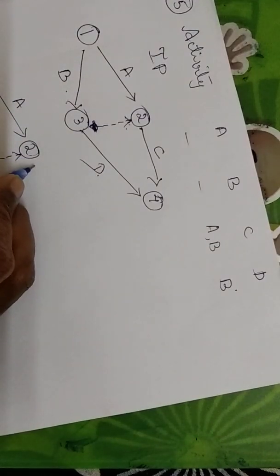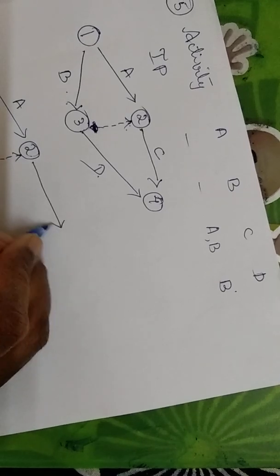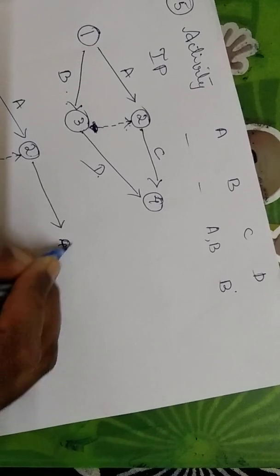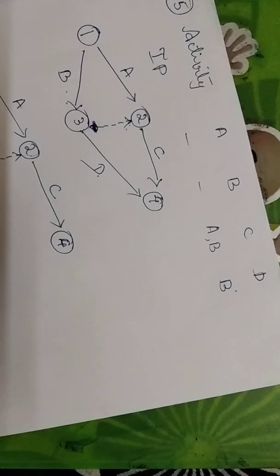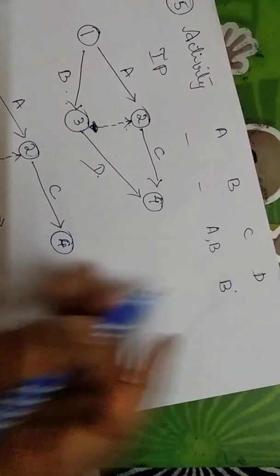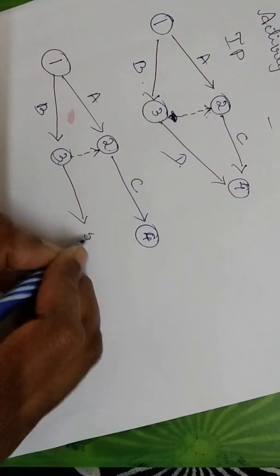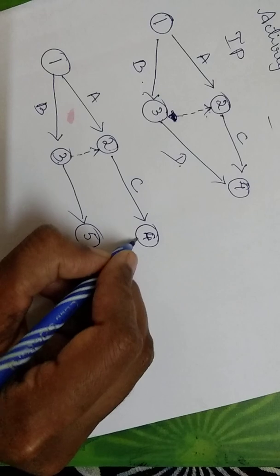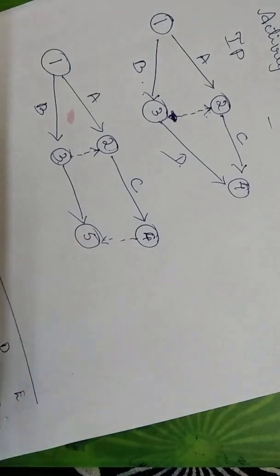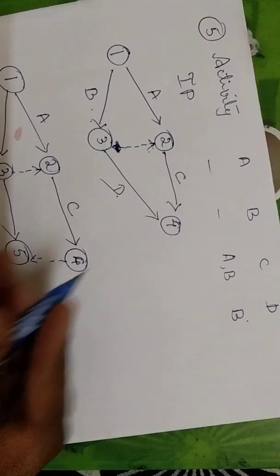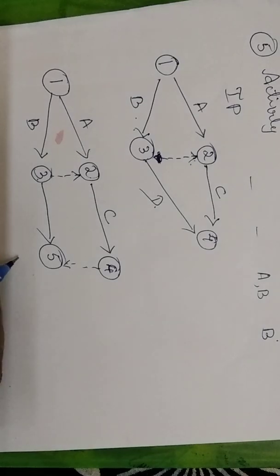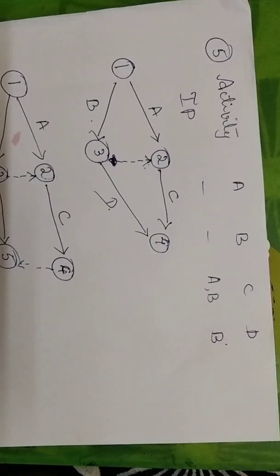This will lead us to the activity C. Again, you can work this out. Now I can draw a dummy line and complete. So you can work it out either this way or this way. This is how we complete this particular problem.